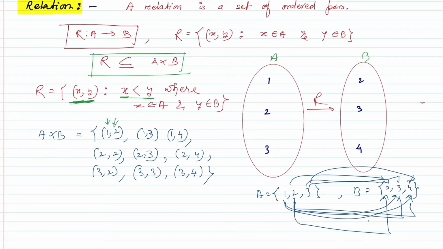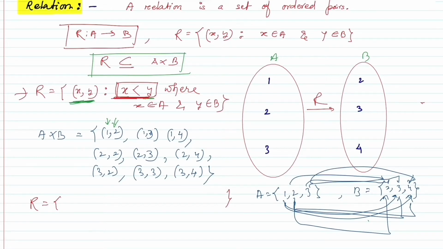Now if x is less than y, then which are the ordered pairs that can be included in the set R? Where the first component is less than the second component, only those ordered pairs can be taken in this relation according to its definition. This relation R says that x is less than y.